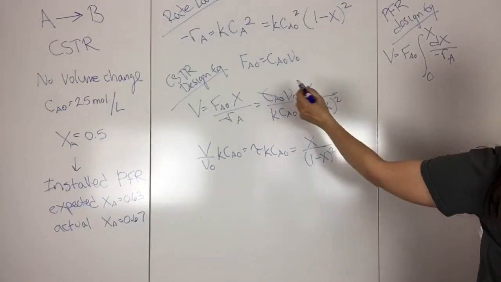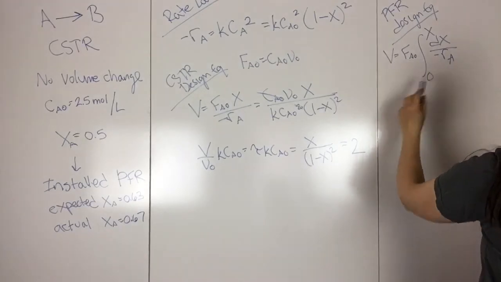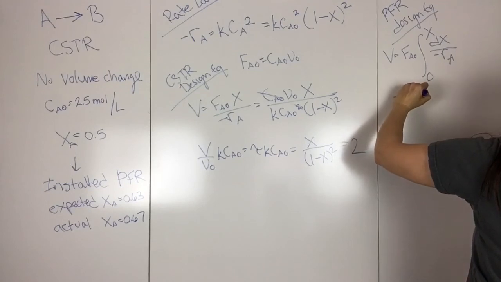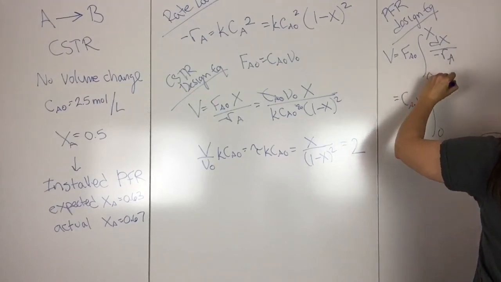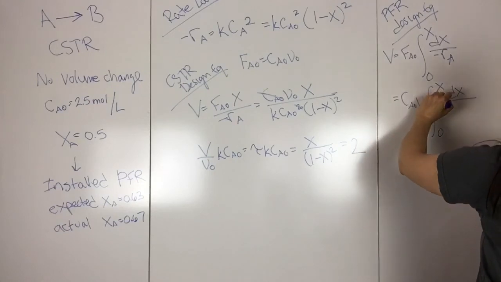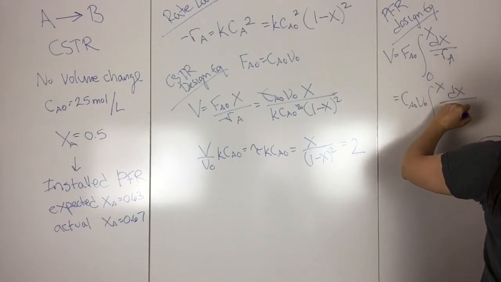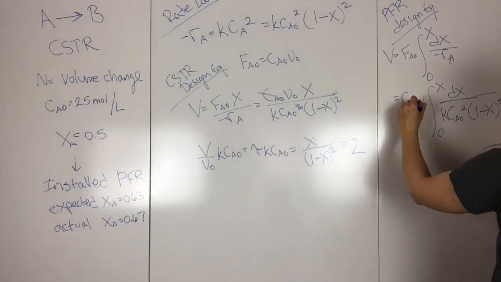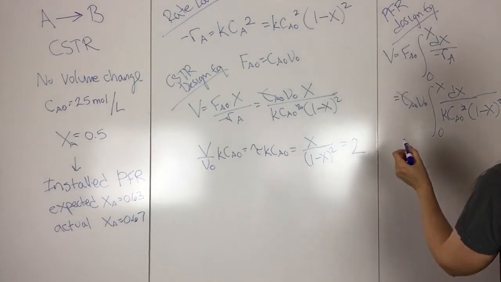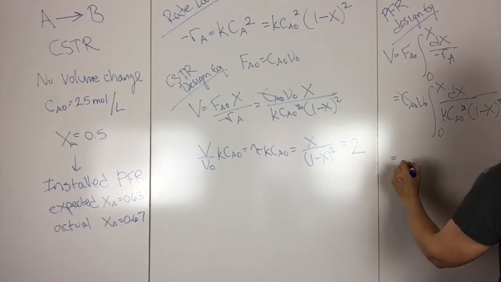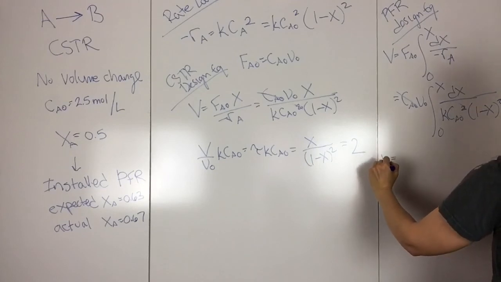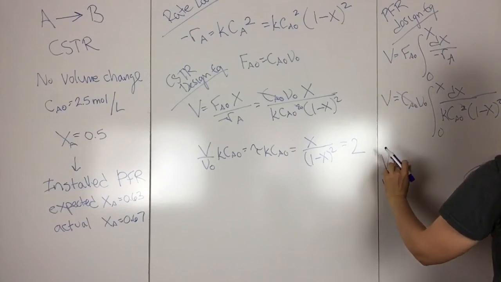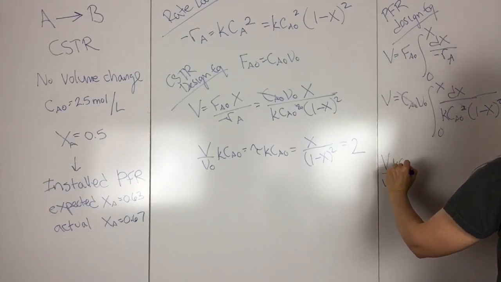Anyway, for the PFR, once again we can plug in FA naught and the rate. So this is equal to CA naught V naught, integral from 0 to x, dx over K CA naught squared times 1 minus x squared, and that cancels out again. Then this is V, so I'm going to divide over the V naught and multiply over the K CA naught.